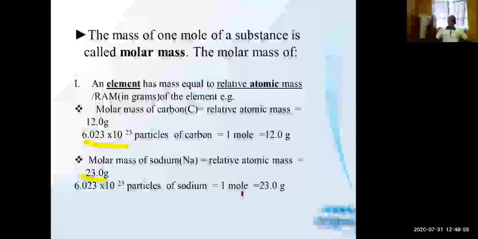So if 23 grams of sodium contain 1 mole, the number of particles in sodium will be 6.023 times 10 raised to power 23.